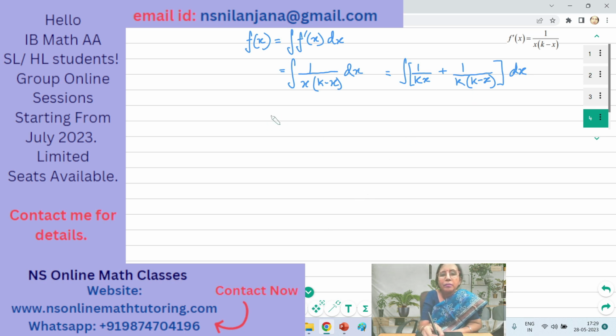So let us separate them. This is the integral of 1 over x dx, and since 1 over k is a constant, let me take that out. Plus, again I am taking out the 1 over k because it is a constant, the integral of 1 over k minus x dx. Now the integration of 1 over x is ln of x, so we can write that part.